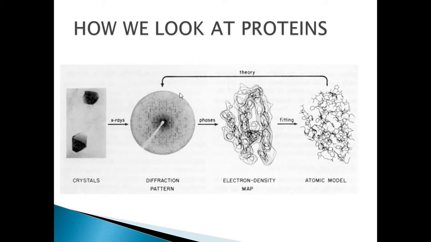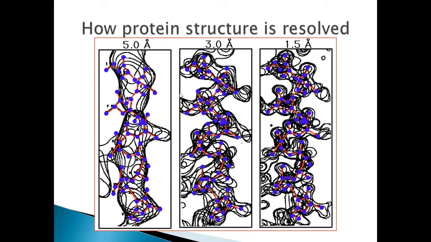And the area where the electrons are the most concentrated, that tells us where, oh, there's a carbon, here's a nitrogen. Oh, this looks like a side chain of arginine or threonine or phenylalanine. And then from that map, we can fit that using programs, which can help us develop an atomic model of the protein. Okay? And we can resolve the protein.